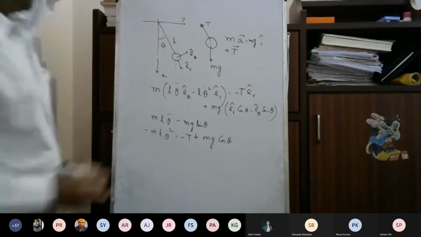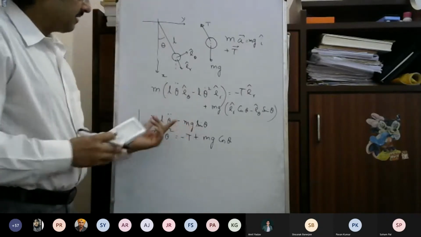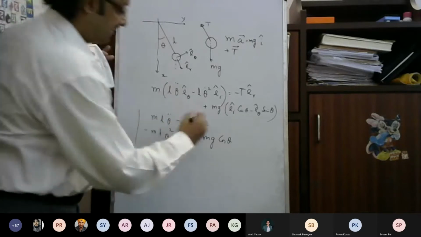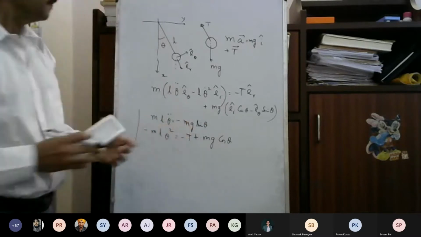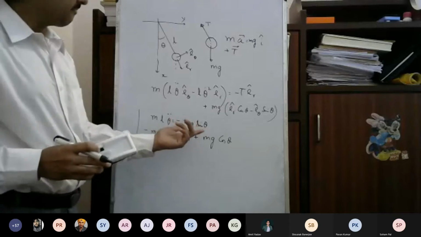So these two equations are obtained, of which only the first equation, m L theta double dot equals minus mg sine theta, is the only equation which is required by us.